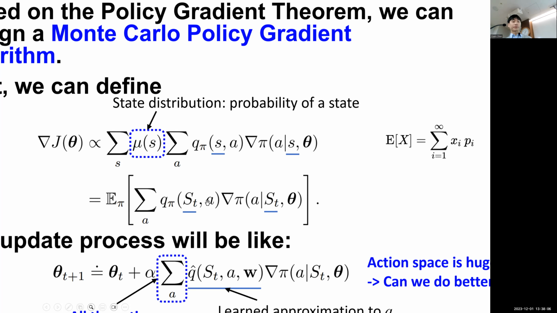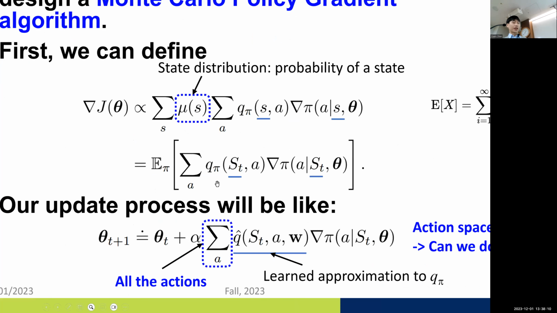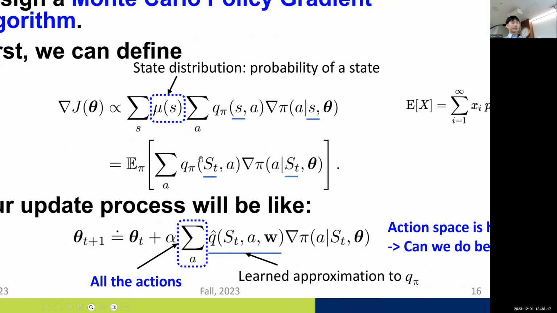With this expectation, we can already derive the first update process. We just put this gradient J theta here, so the theta t can be updated in this way.